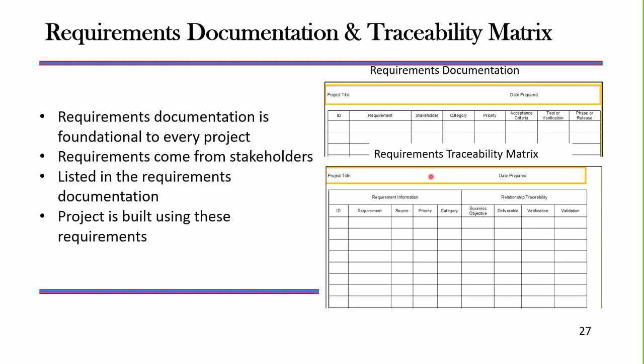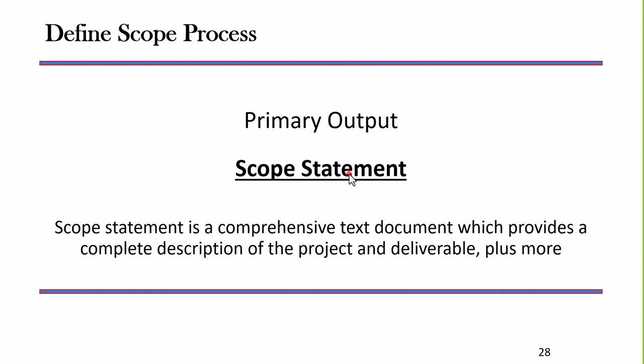So requirements documentation. Now we need to go to another level. That is called the Define Scope process, and that gives us the scope statement. What we do is, with our team, we sit down and we take all of those requirements that we've collected and we rewrite those requirements into the scope statement. The scope statement is a comprehensive text document, and that's what our scope is going to look like when we finish this project. That's what our deliverable will contain with regards to scope.